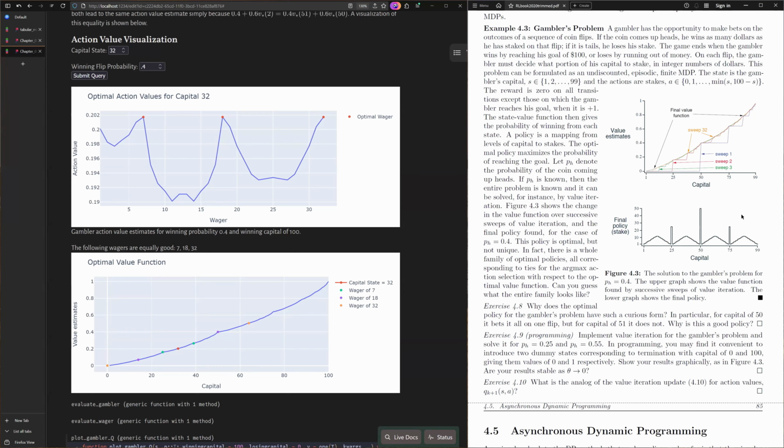Wait, are you talking about changing the bias? Because if the bias of the coin is 0.4, we already have the optimal policy here. So the question was about changing the bias, but are you talking about an alternative way of solving the problem? Yeah, I'm questioning the bias because I'm not very sure of it. Oh no, this is given to us. This is part of the problem definition.